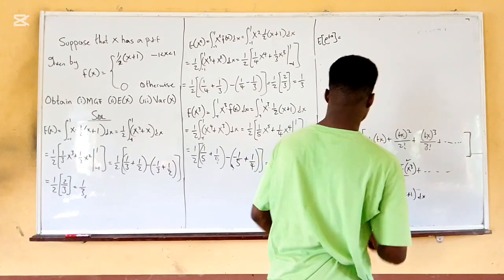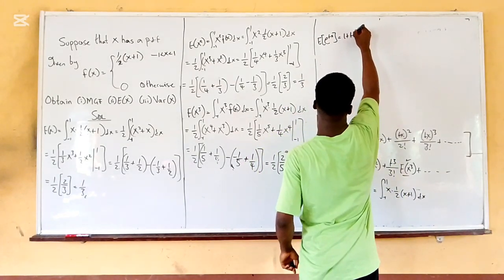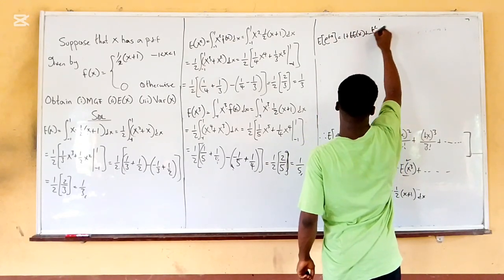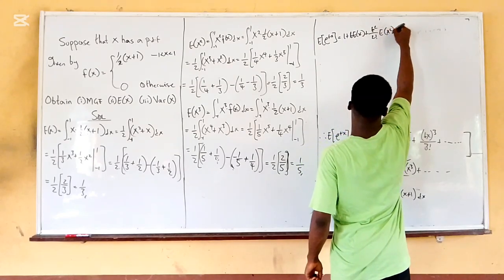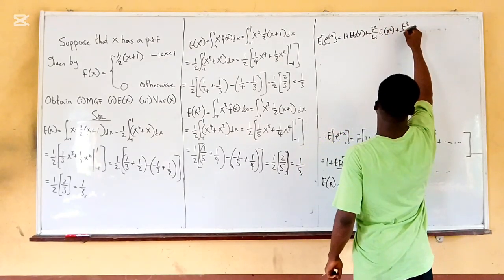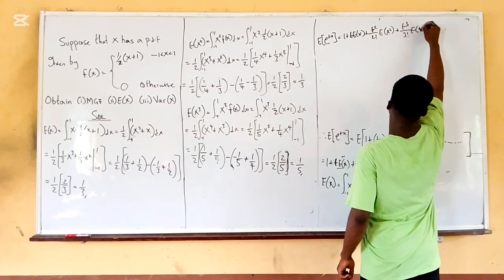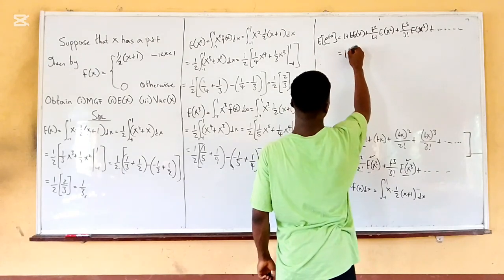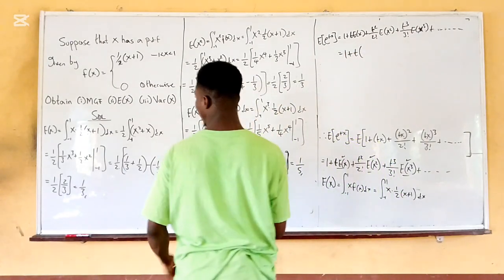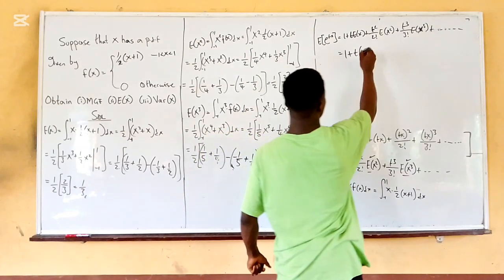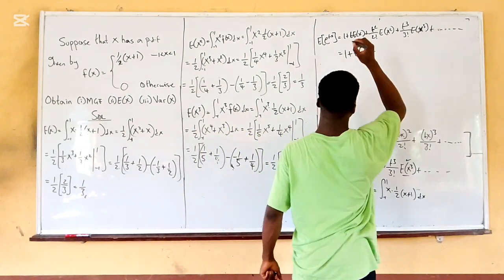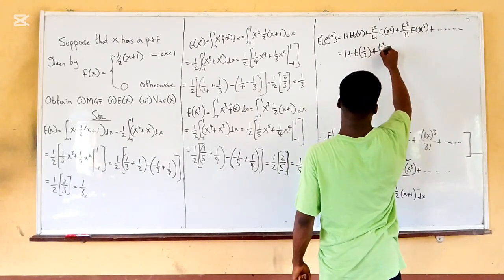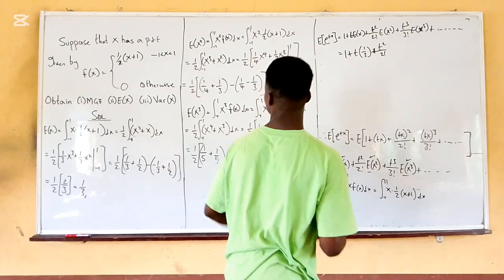Remember, it is 1 + t E[X] + t²/2! E[X²] + t³/3! E[X³] + ... That will be 1 + t times, what is expectation of X? 1/3, plus t²/2! times, what is expectation of X squared?